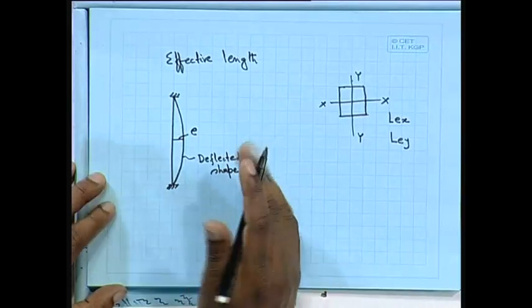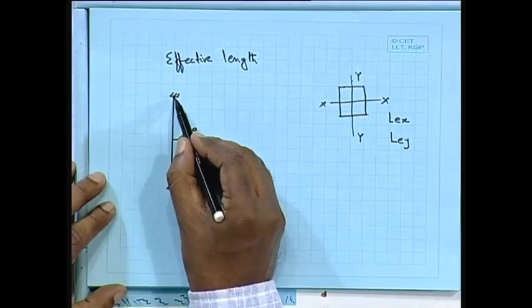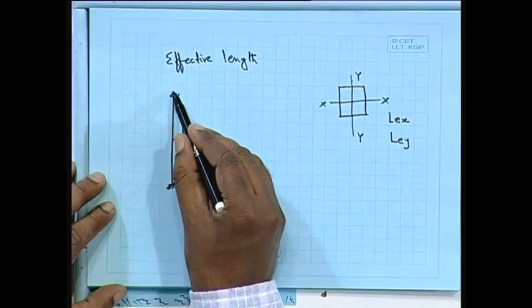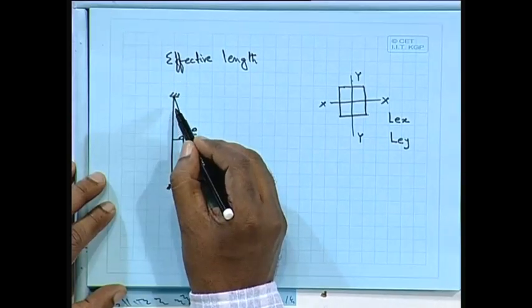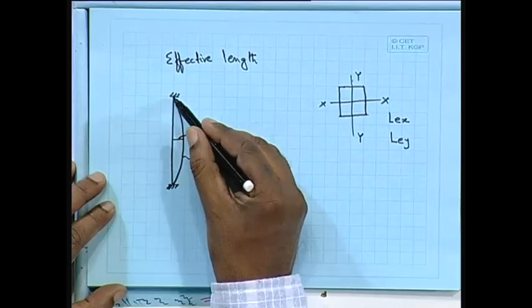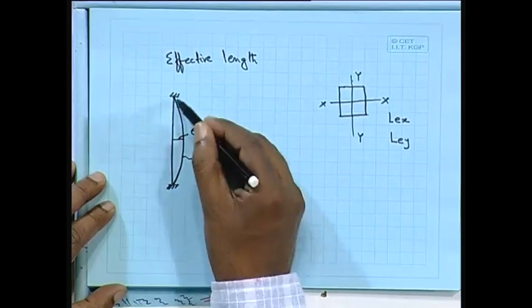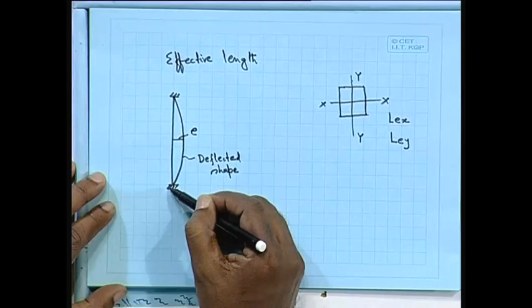We are not talking about any eccentricity at the top; we are talking as if the loads act from the center line of the column, even then there could be some deflection, that is buckling of the column.